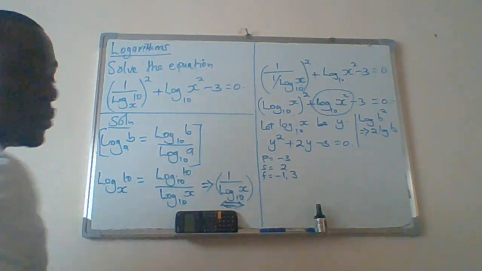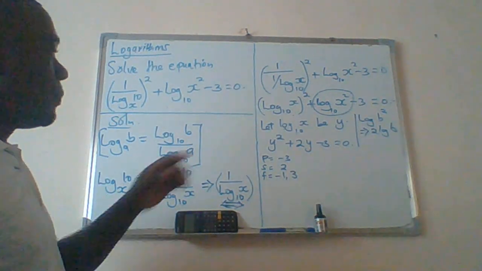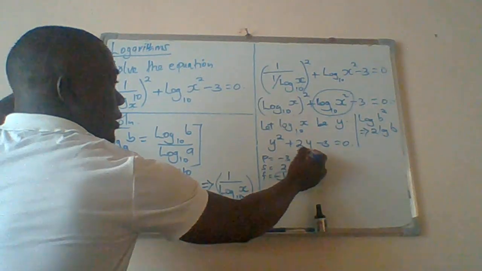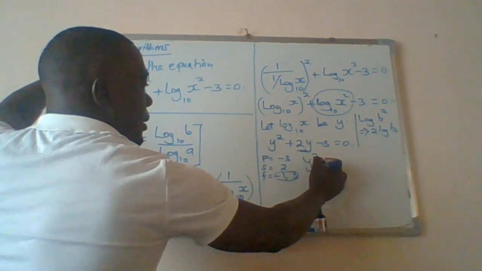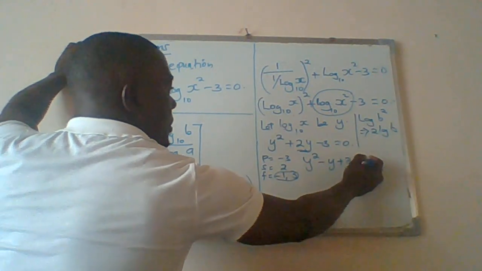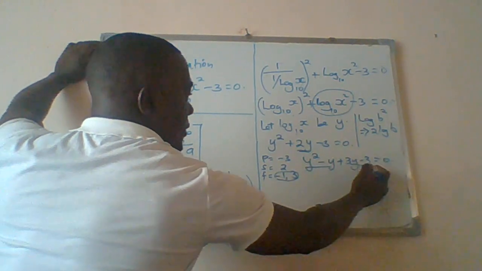Then from there, what follows next is that now we can substitute the two numbers in this second term, making it y squared minus y plus 3y minus 3 is equal to 0. So let us factor the two.